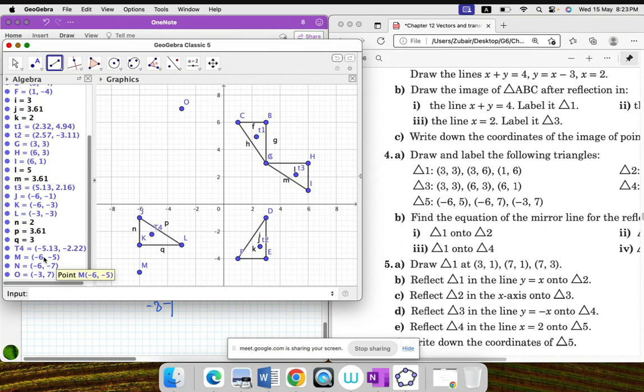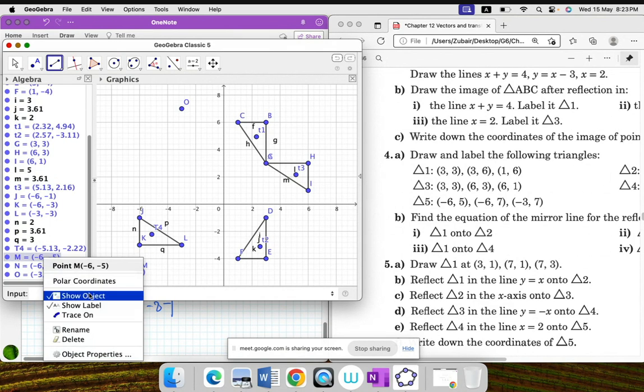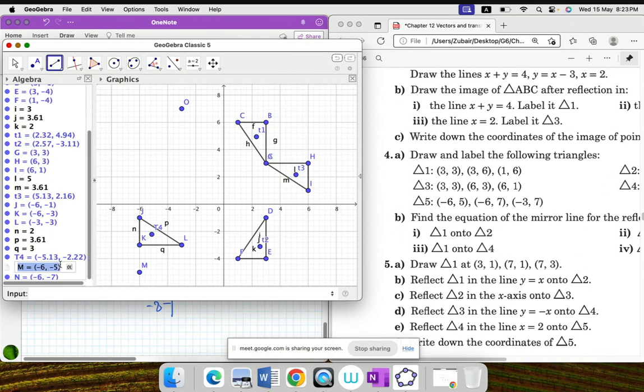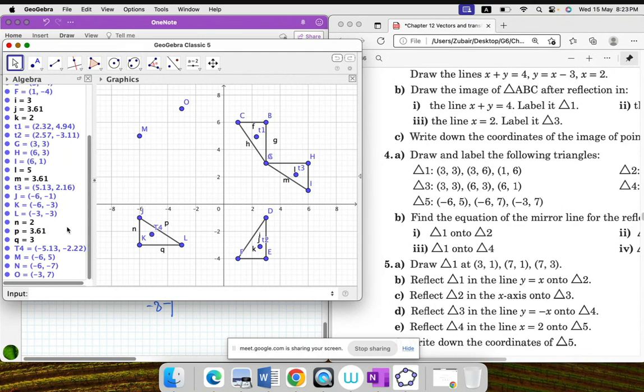This was minus 6 comma 5. Minus 6, 5, minus 6, 7 and minus 3, 7.